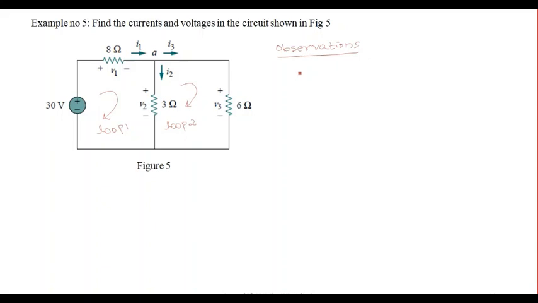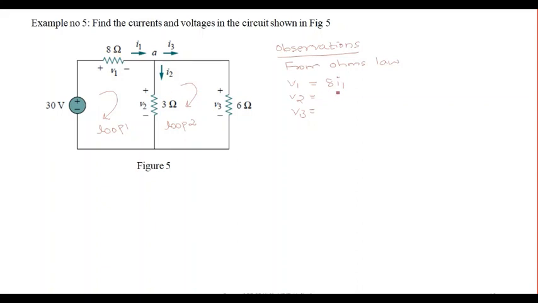First, we can define from Ohm's law what V1, V2 and V3 are. V1 is 8 times I1, from the figure, higher potential to lower potential, so that is fine. So V1 drop is 8 times I1.